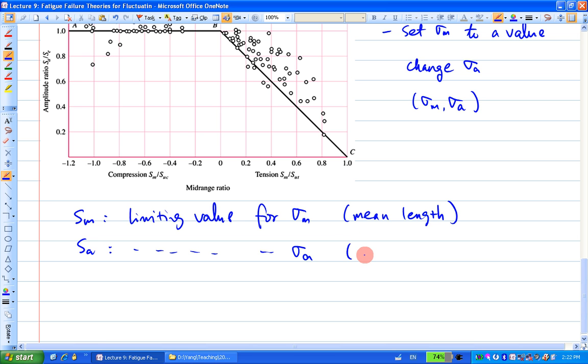So this S_A here is the alternating strength.